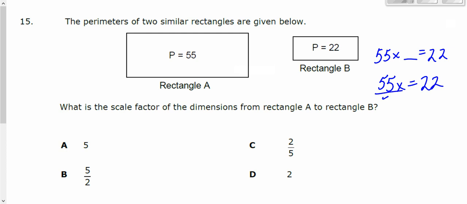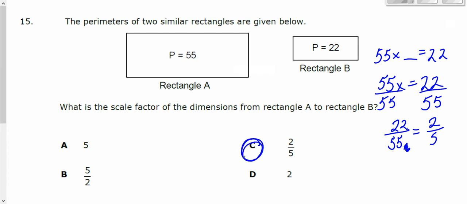To figure out what I'm multiplying by, I'm going to work backwards and divide. So if I divide 22 over 55 in my calculator, it's going to reduce it for me to 2/5. Now don't put your decimal when you do that if you want it as a fraction. Just leave the decimal off and it'll give me the fraction of 2/5.